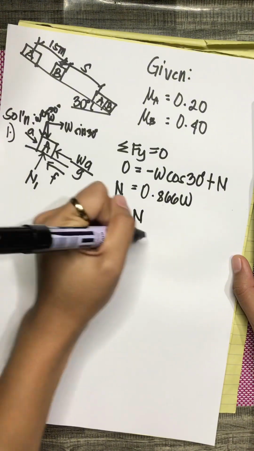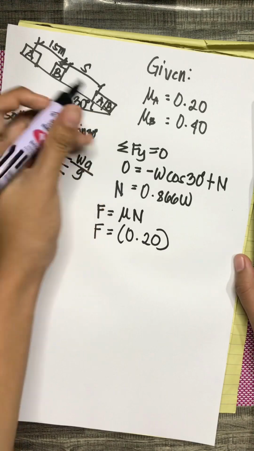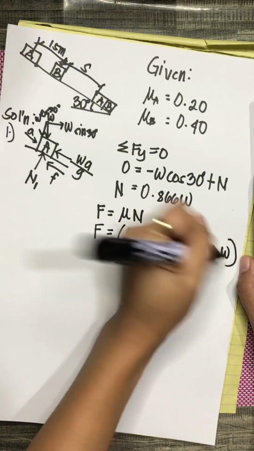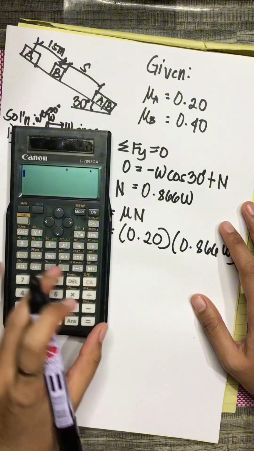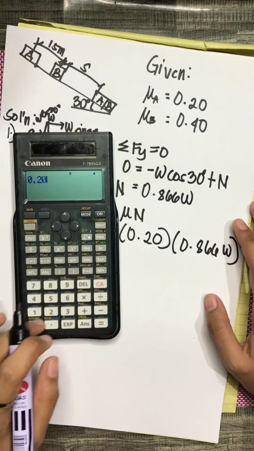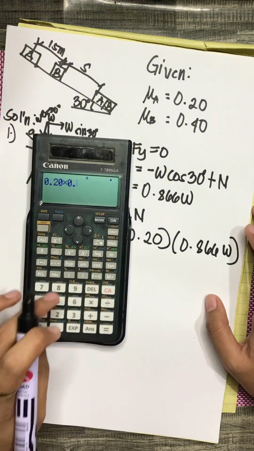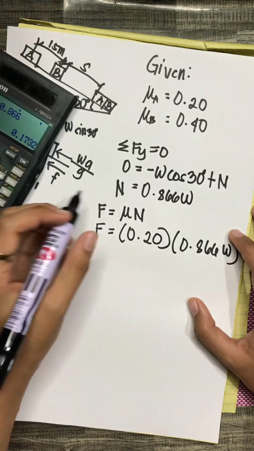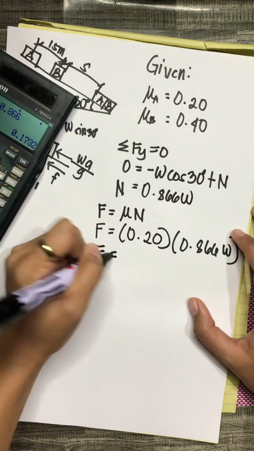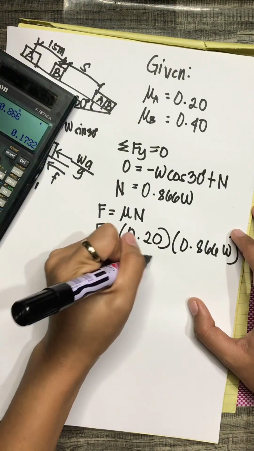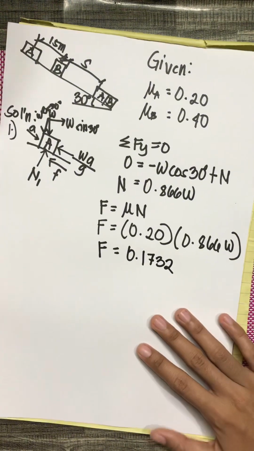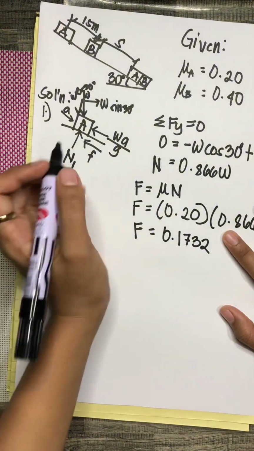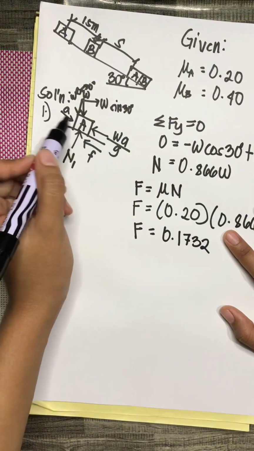F equals 0.20 times N. So let's substitute N, 0.866 W. Let's calculate. So F equals 0.1732 W.